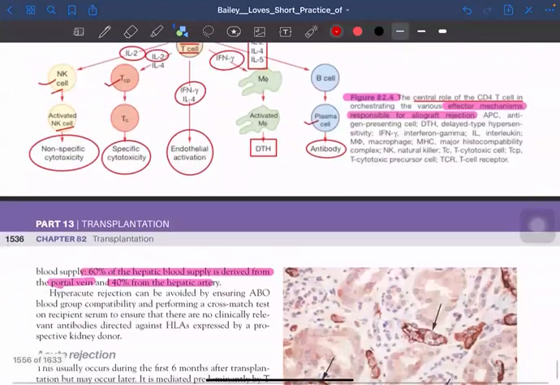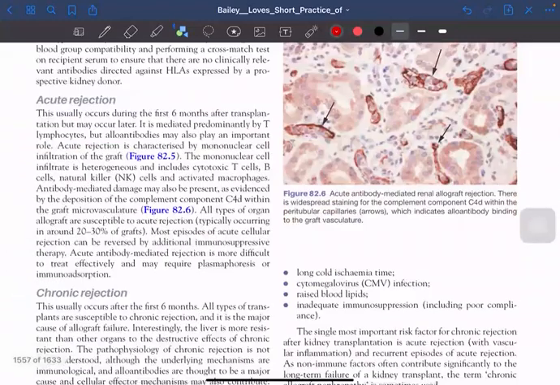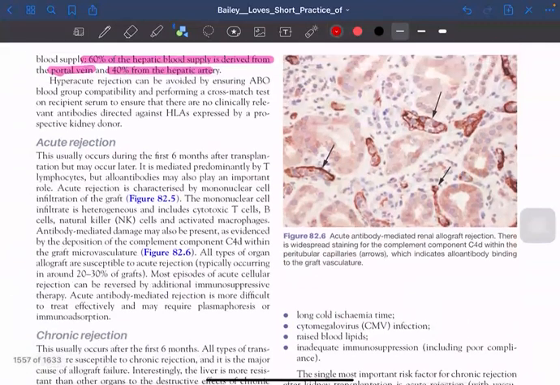Now let's look at acute rejection. Before moving ahead to acute rejection, we are missing one point: hyperacute rejection can be avoided by ensuring ABO blood group compatibility and also by performing a cross-match test on recipient serum to ensure there are no clinically relevant antibodies directed against the HLA class 1 expressed by the prospective kidney donor.